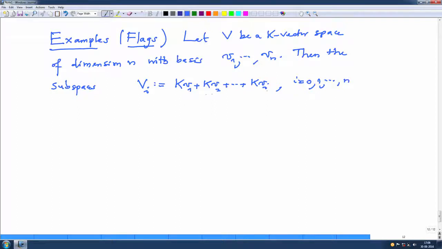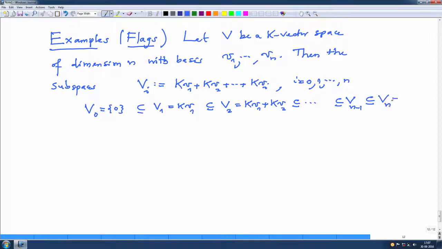Note, when i is 0, that means this is the 0 vector, this is the 0 subspace. So, V0 is 0, V1 is kV1, V2 is kV1 plus kV2 and so on, up to Vn minus 1.